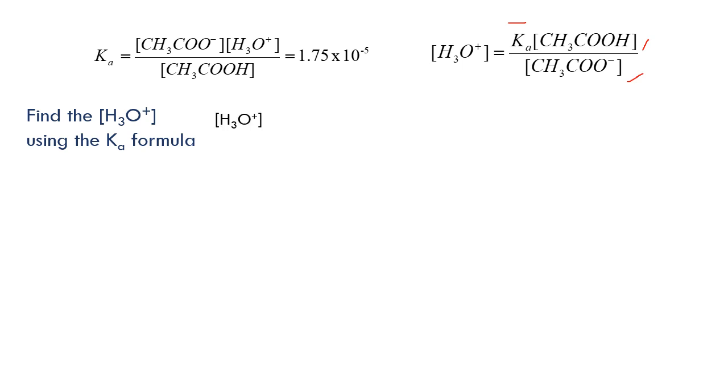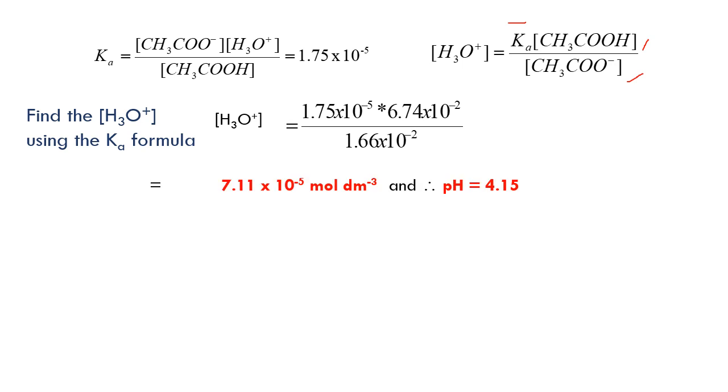So we plug in these values, and this helps us determine the hydronium ion concentration. Once we have it, we can determine the pH by taking minus log of the hydronium ion concentration, and the pH is determined to be 4.15.